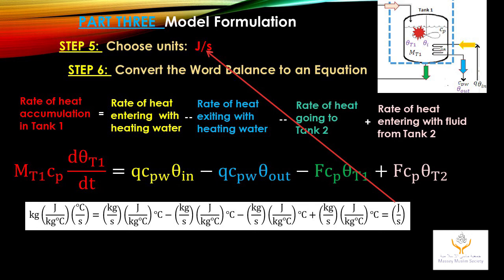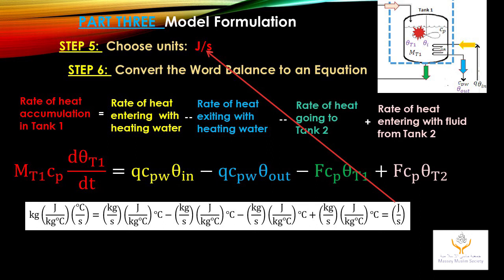Okay. So what is it? It's a differential equation. What it's basically saying is the mass in the tank, times its specific heat capacity, Cp, times the rate of temperature change with time in the tank, is equal to the rate of heat in, which is the flow rate of fluid coming in, times specific heat capacity, times the temperature in.